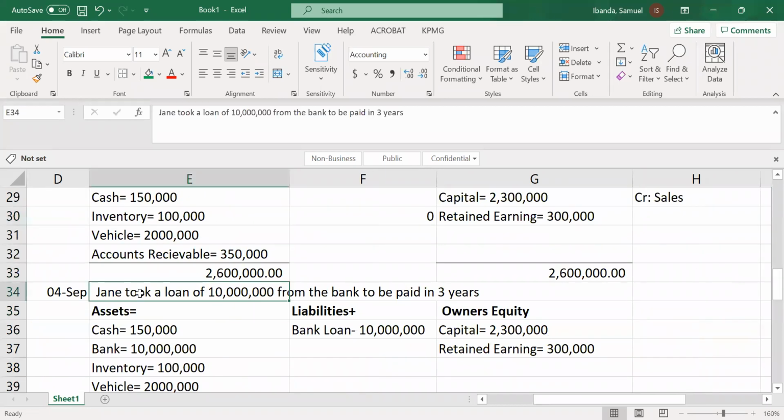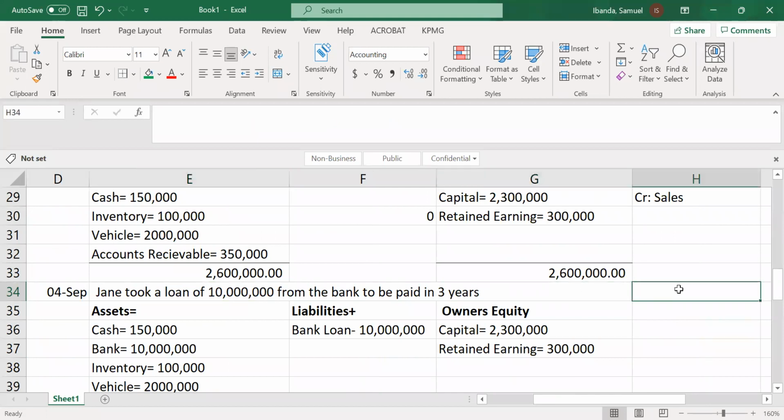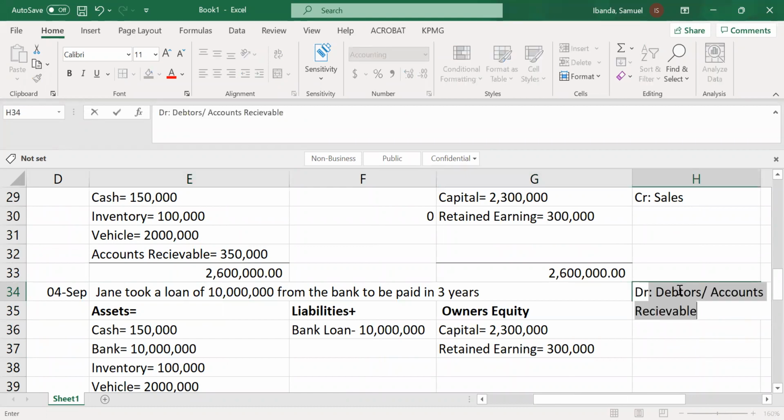And then Jen took a loan of 10 million from the bank, to be paid in 3 years. What do we do here? We debit our bank since our account is going to be credited. Now, when I say credited, the bank credits our account, but for us in our books, we debit our bank. Whenever money is increasing in our books, we debit it.